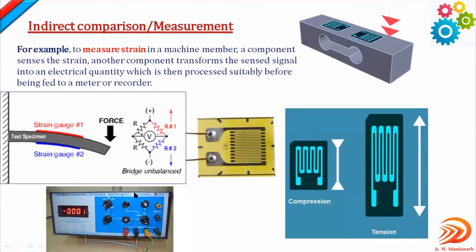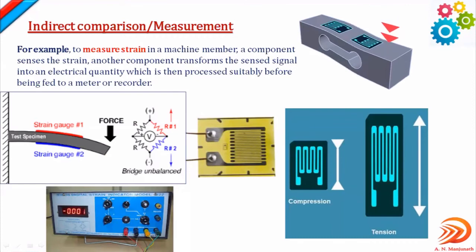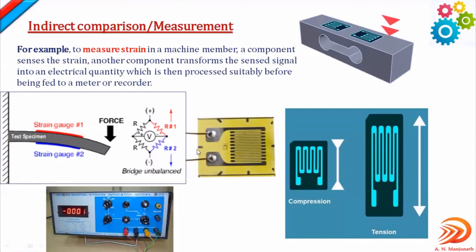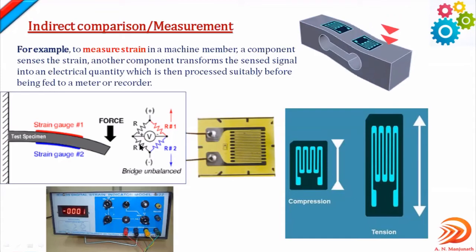This is not a direct comparison or direct way of doing the measurement. It is indirect comparison or indirect measurement. You're not just comparing with some standard. Here, the force you apply will be in terms of a standard weight.